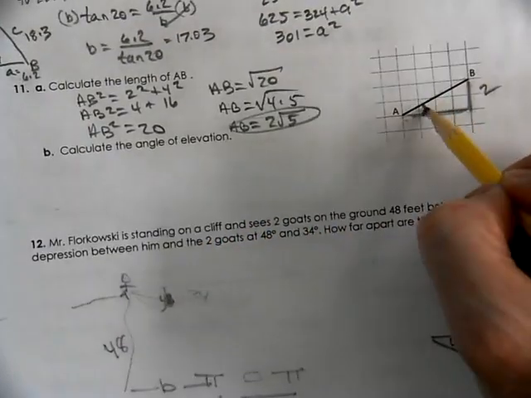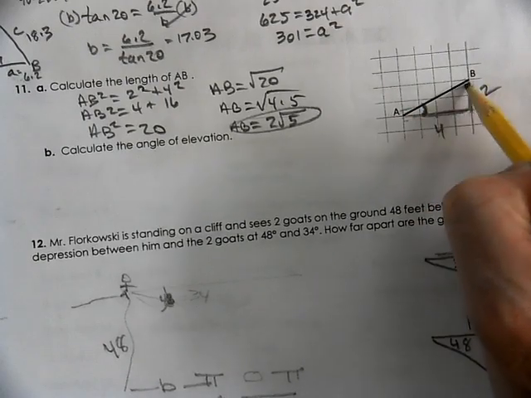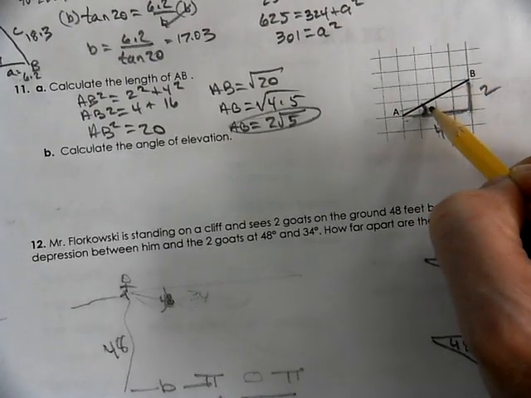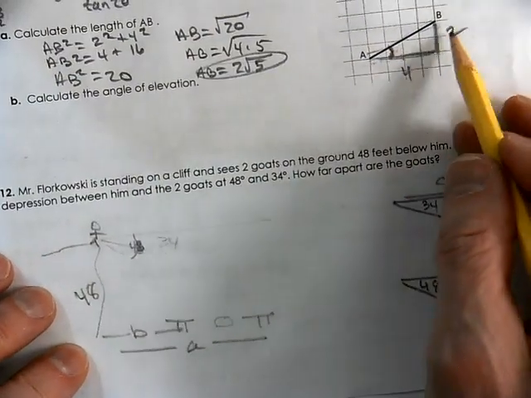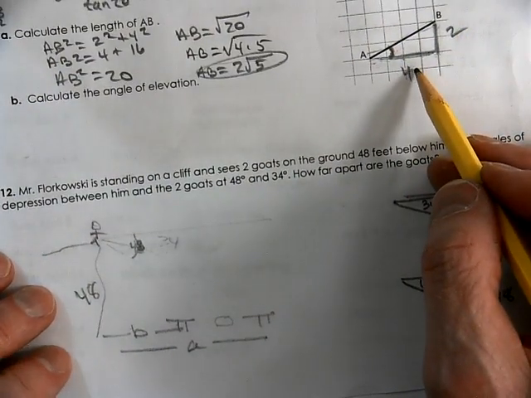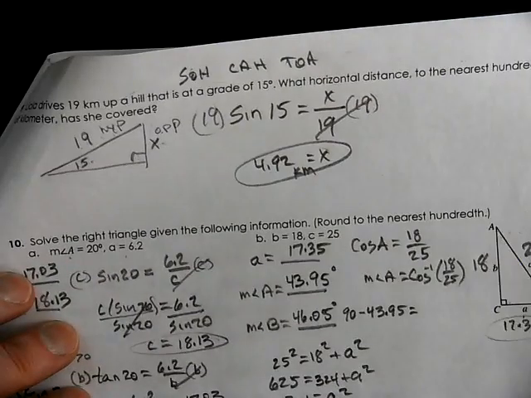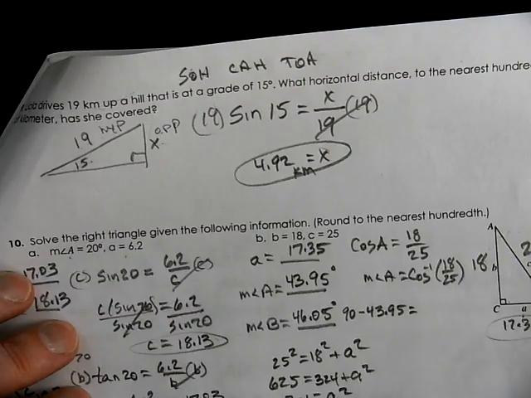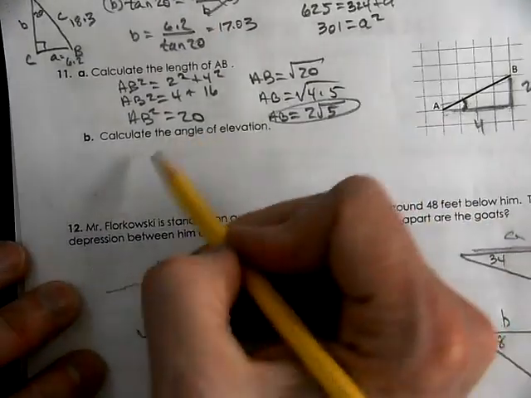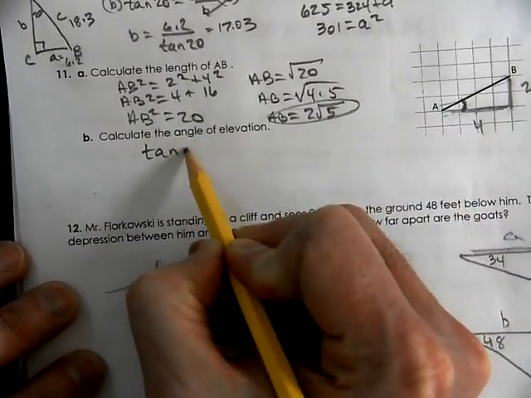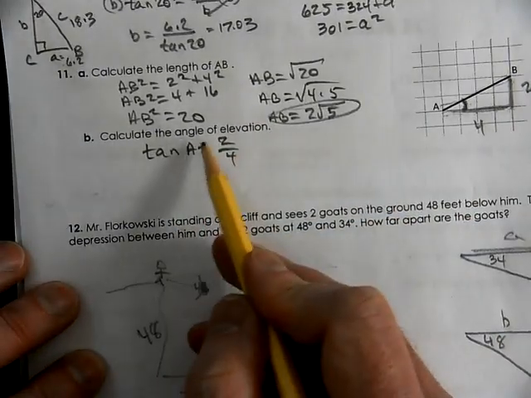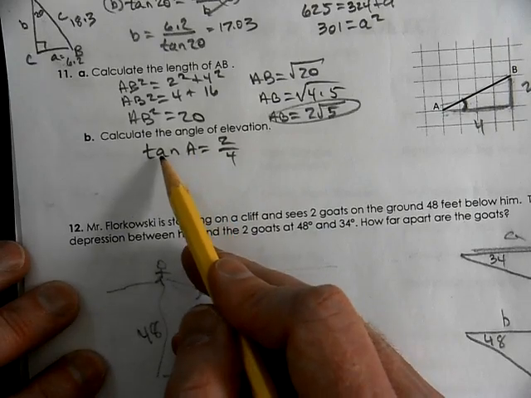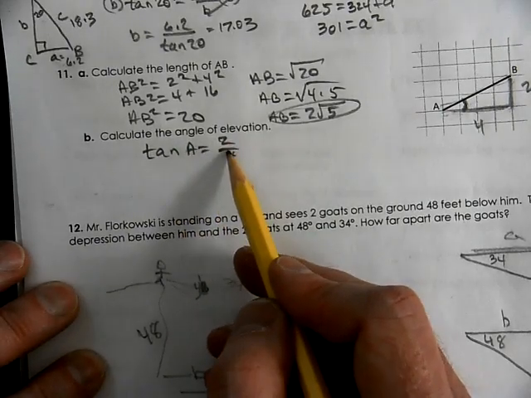Angle of elevation is the angle that you're looking up at B. That's this guy. So we're going to try that again. What trig function uses the opposite and the adjacent? Which trig function here uses the opposite and the adjacent? That's going to be tangent of A equals the opposite side over the adjacent. We have one variable. Tangent of the angle equals a fraction.